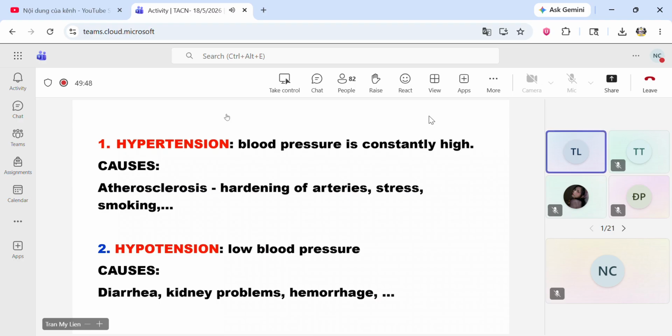The two conditions involving blood pressure are hypertension, meaning high blood pressure, and hypotension, low blood pressure.